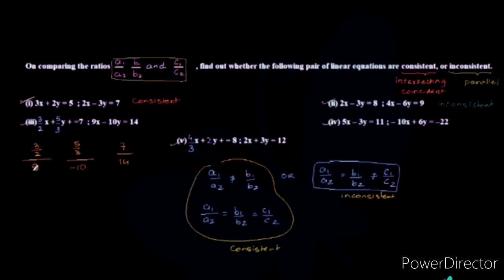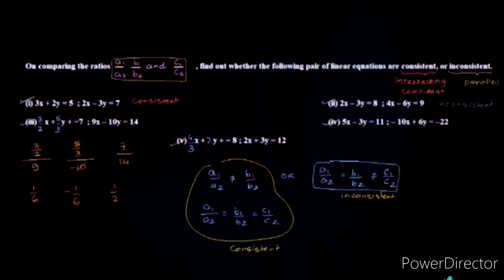So 3 would take away 9 three times, and 3 into 2 is 6, so 1 upon 6. This is 5 upon 3. 5 would take away negative 10 negative 2 times, leaving you with negative 1 upon 6. And this here, on the other hand, you have half.